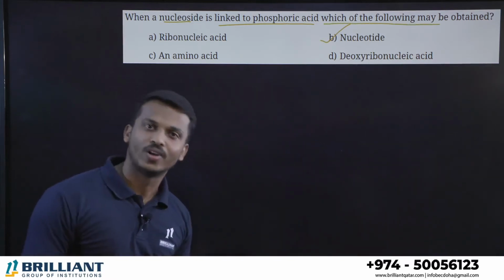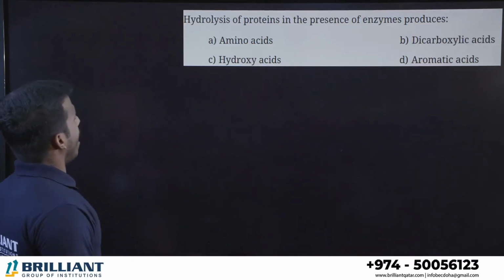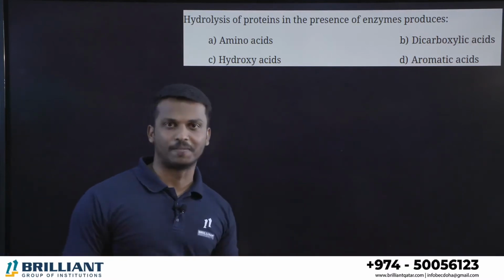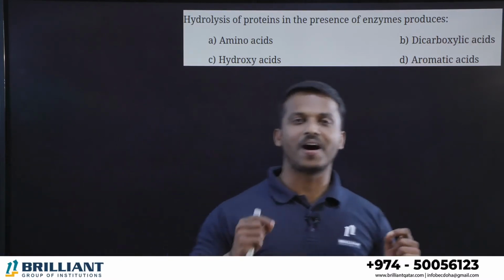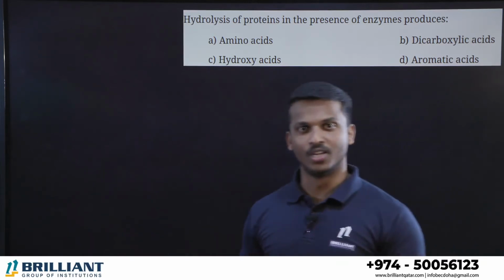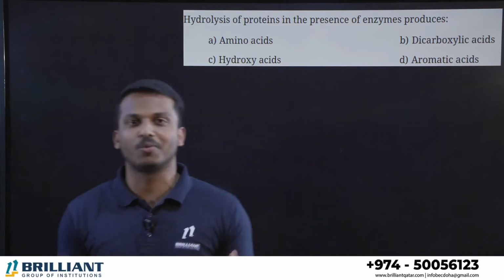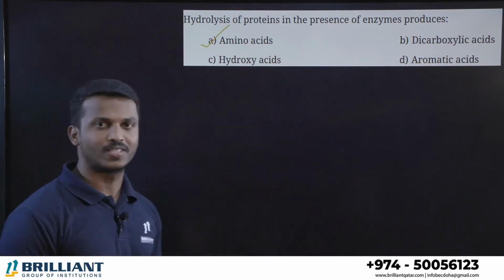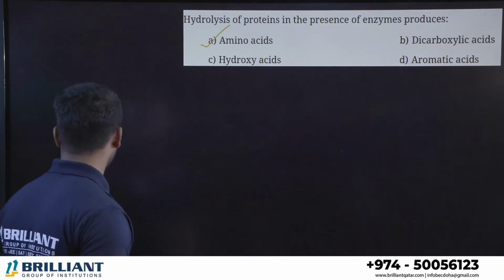That is nucleotide. Hydrolysis of protein in the presence of enzyme produces. Dear all of you, proteins are made up of so many amino acids. So when protein hydrolyzes, what will you get? Amino acid, right? Option A. Hydrolysis of protein results in amino acid.